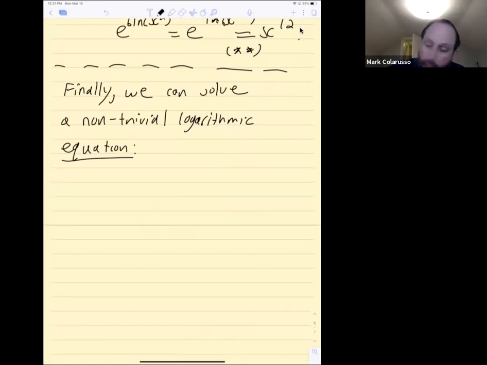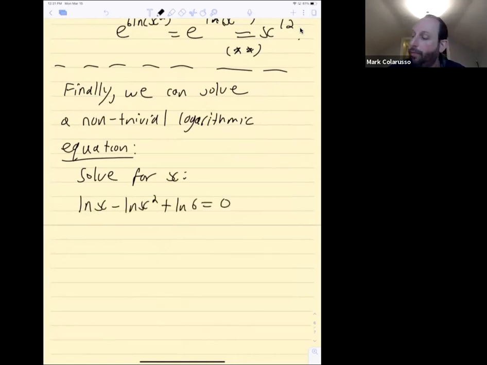The equation I had chosen for you guys was the following one. Solve for x: ln x minus ln x squared plus ln 6 equals 0.